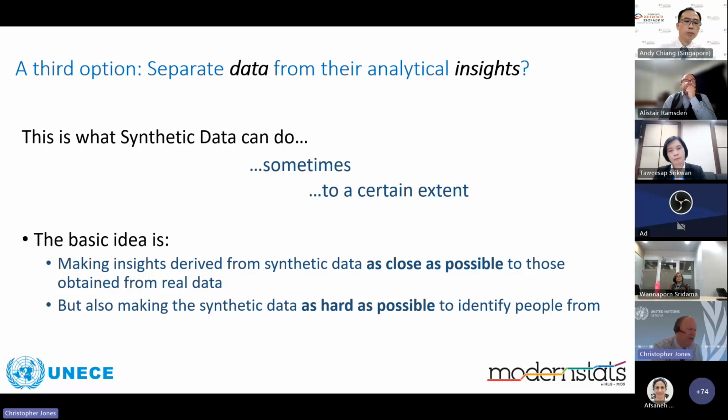There are a lot of caveats there, but the basic idea is making the insights derived from synthetic data as close as possible to those that you would obtain from the real data, but also making the synthetic data as hard as possible to identify people from. The first of those requirements is about the utility of the data set, whereas the latter, making it hard to identify people, is the risk element.